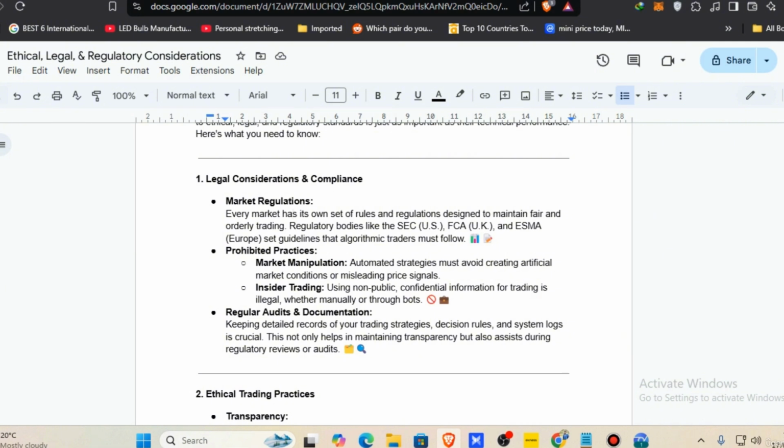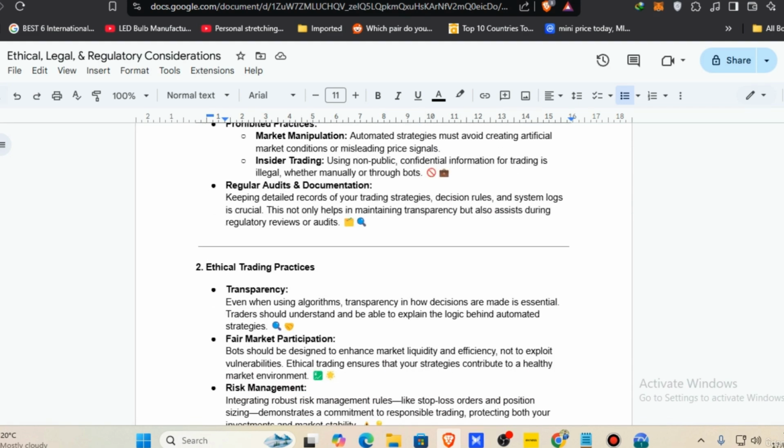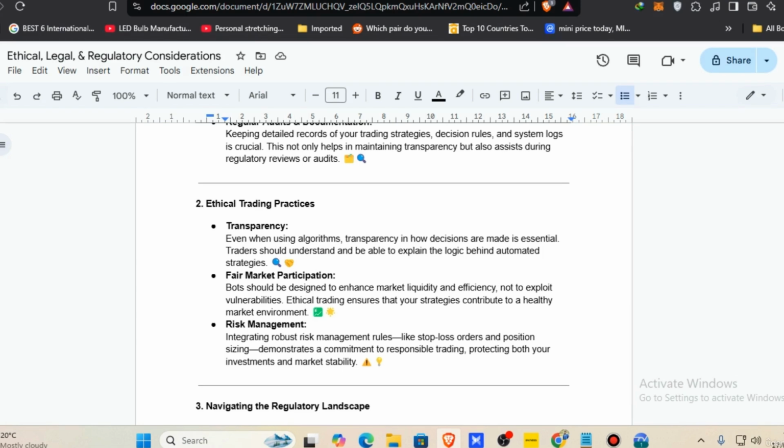Insider trading means trading on non-public confidential information, which is illegal, whether it is done manually or with bots. Then ethical practices: always try to do fair market participation, and be transparent.